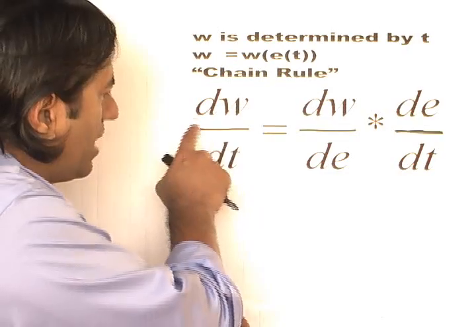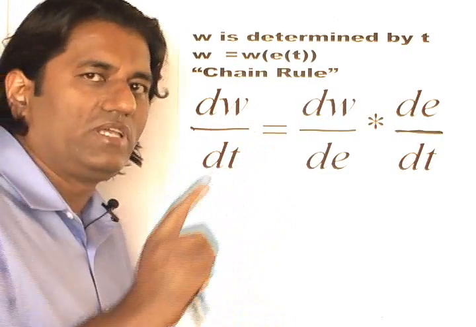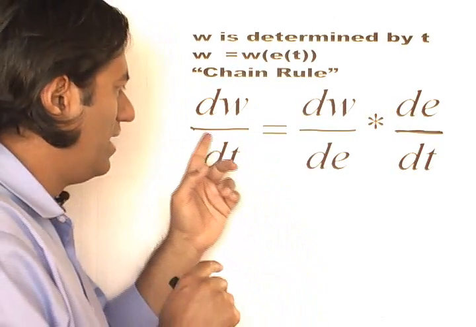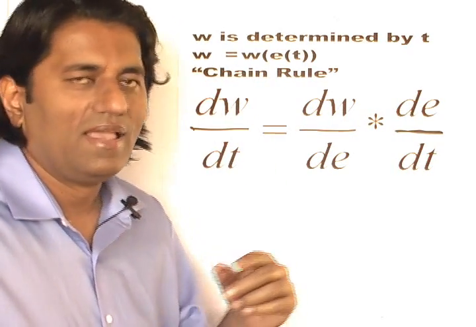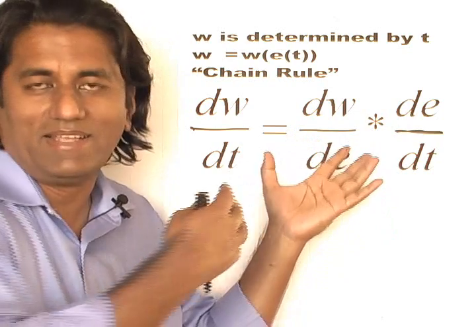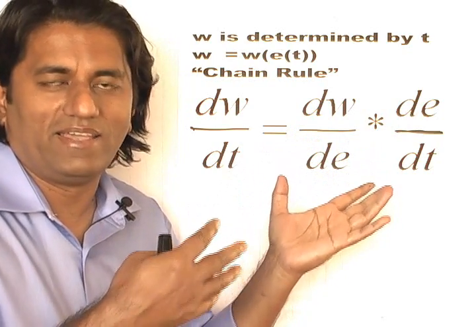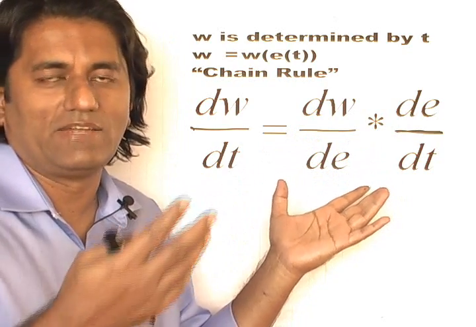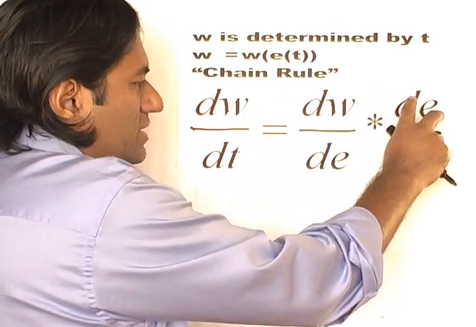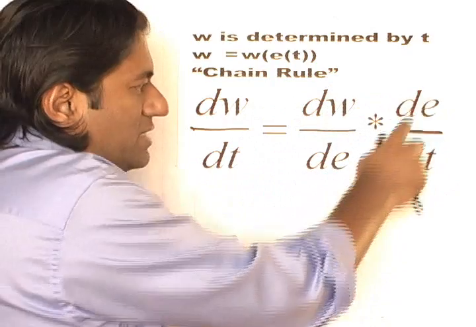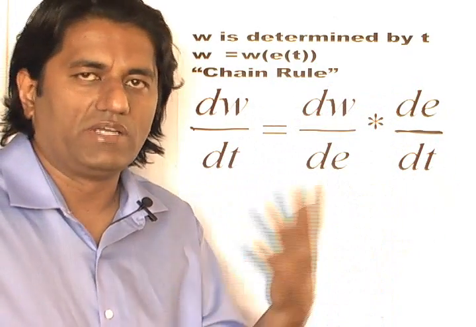So even though they are written like this, this does not imply that you're dividing dW by dT. If that was the case, then this chain rule would be trivial. It would not be anything that you would need to consider at all, but it is not. This is a function, this is a function, and this is a function. And this is just a representation for a particular function.